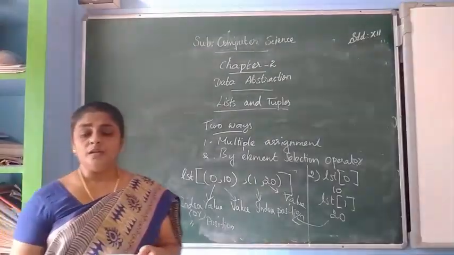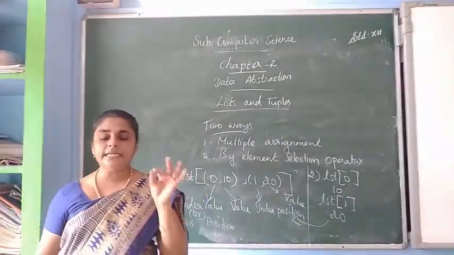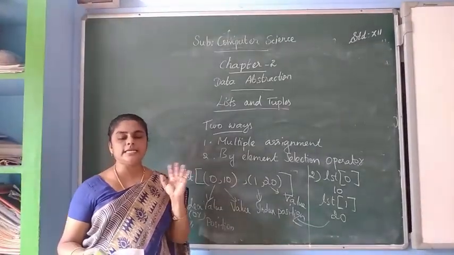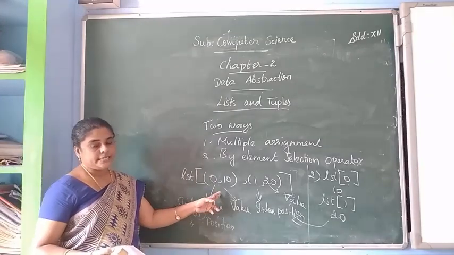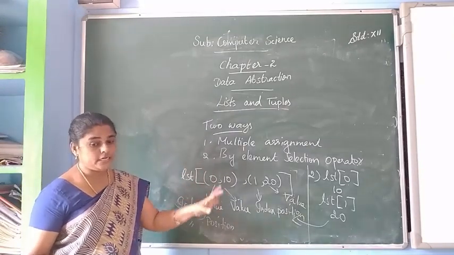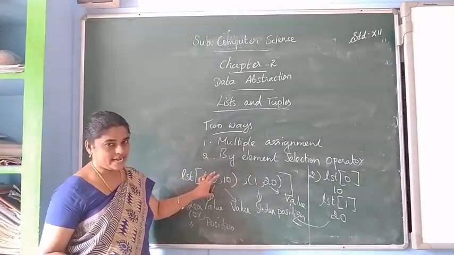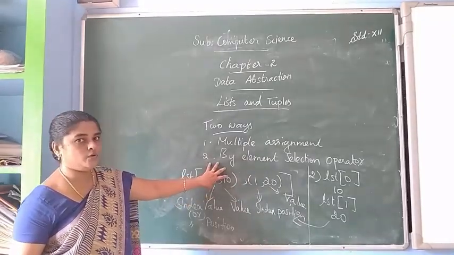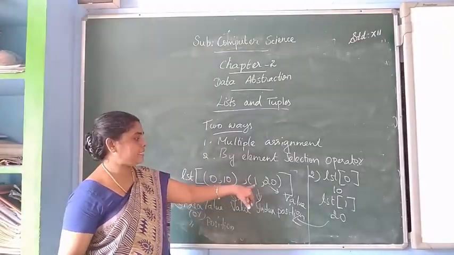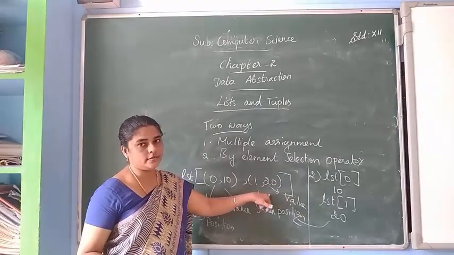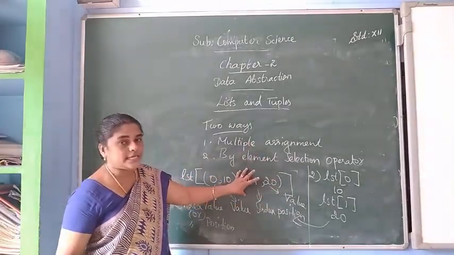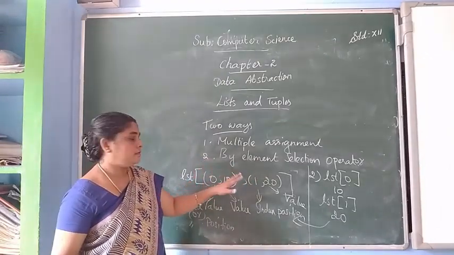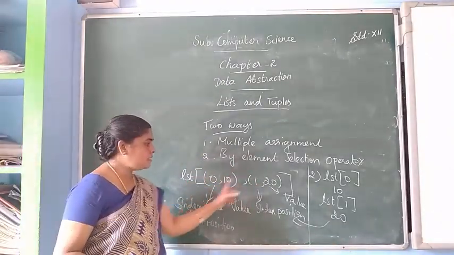Any way of bundling two values together into one can be considered a pair. See, this is one set of values for index position 0. This is another set of values for index position 1. These two sets of values are set together in one.